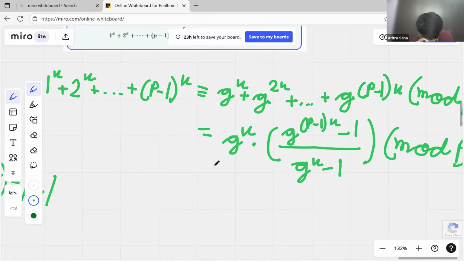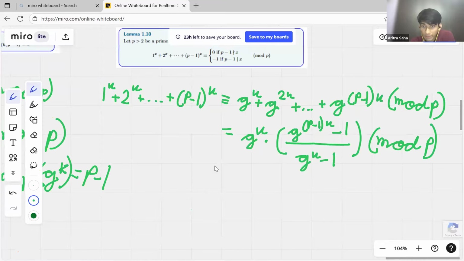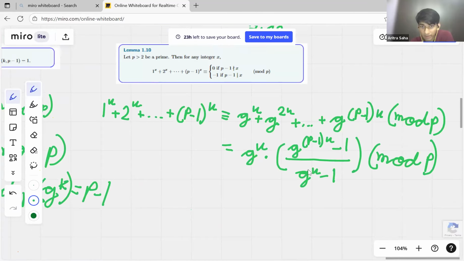Now this quantity is obviously 0: g to the power p minus 1 times x minus 1 is 0, and the downside is not equal to 0, so the whole thing is 0 mod p.